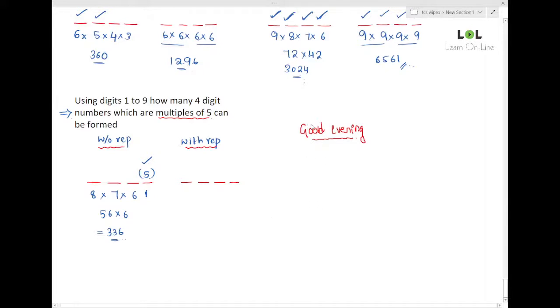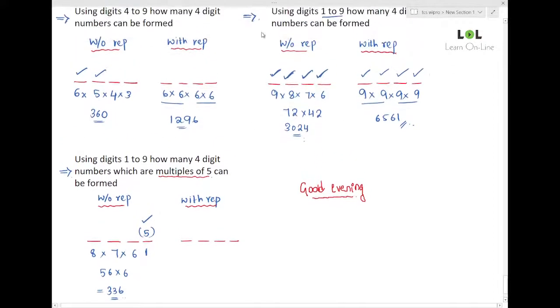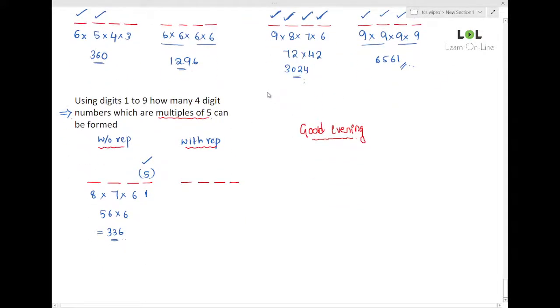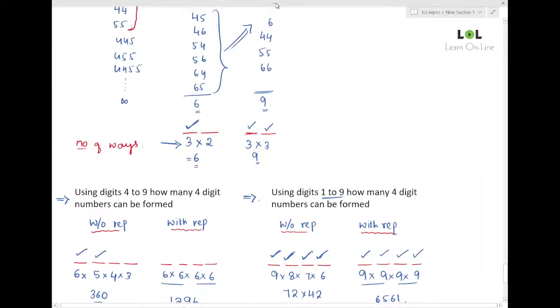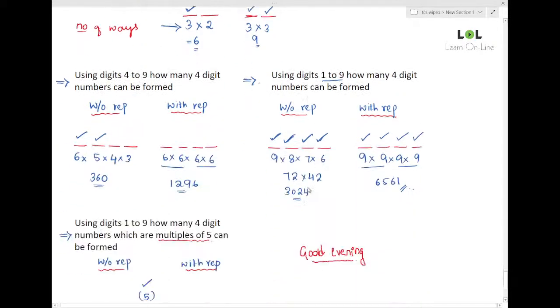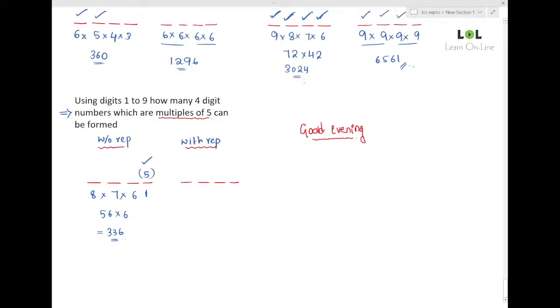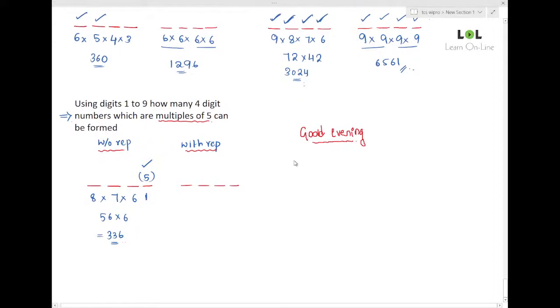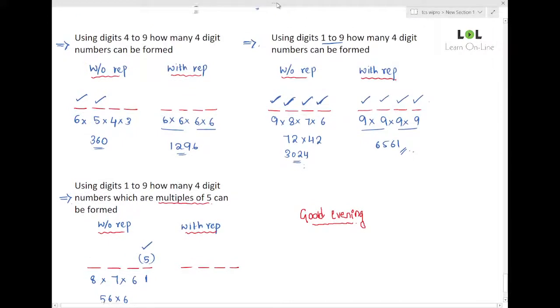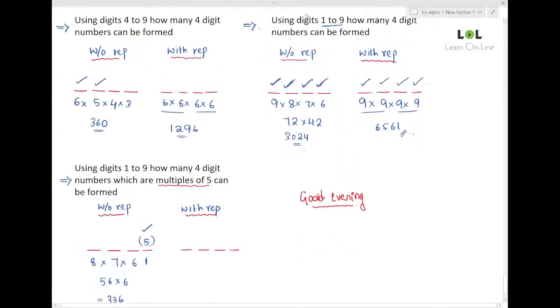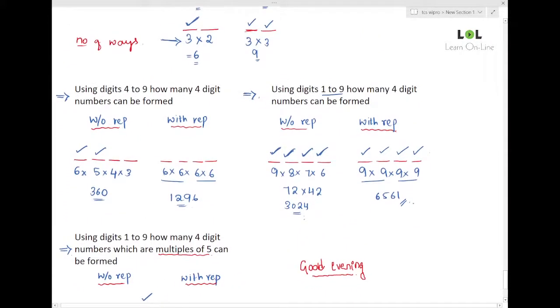Just a second, guys. I have a small problem with the pen here. I'm just changing my pen.